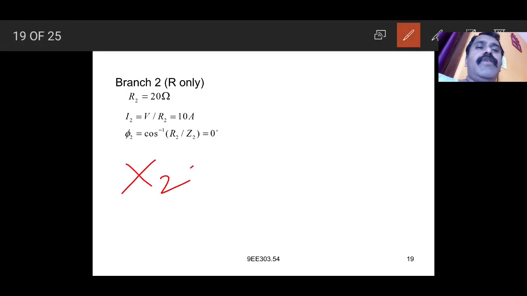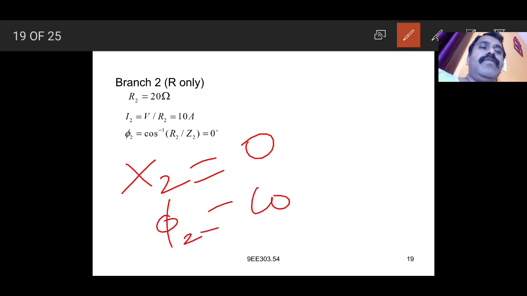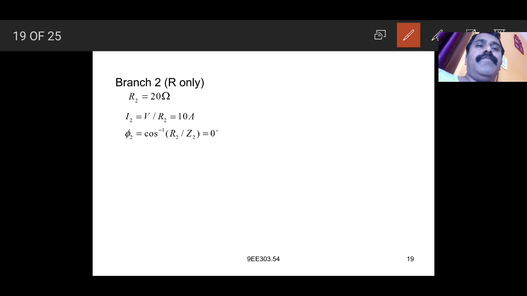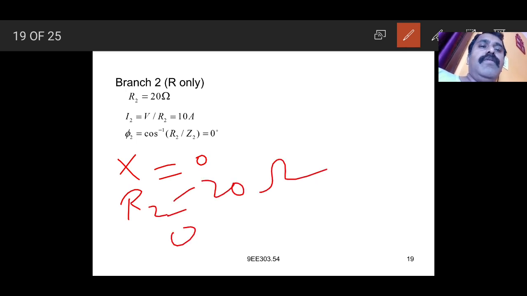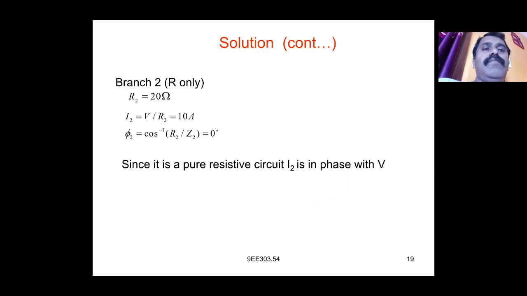Here X2 is equal to 0, so Z2 is equal to R2, which is 20 ohms. So phi 2 is equal to cos inverse of 1, which is equal to 0 degrees. Since it is a pure resistive circuit, I2 is in phase with the voltage.